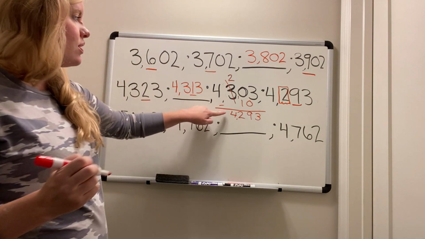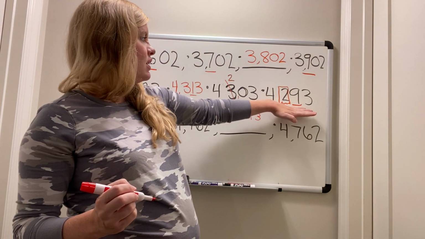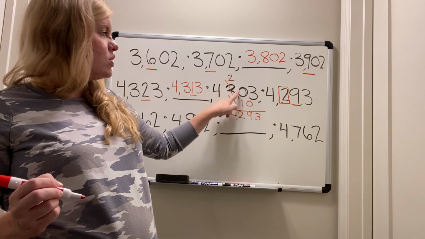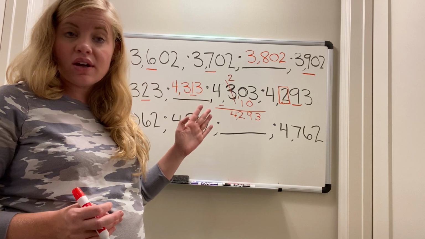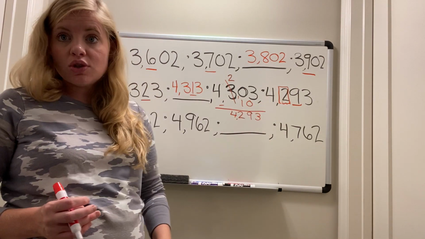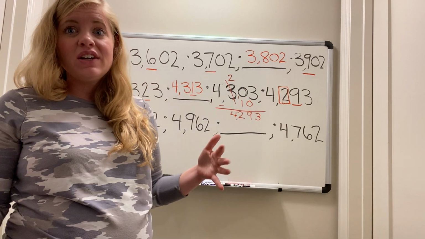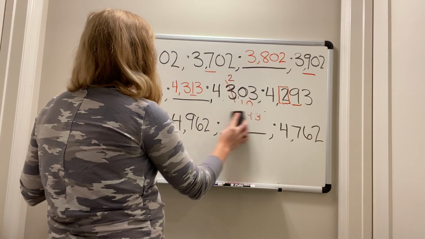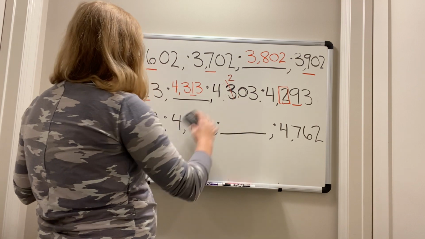Awesome. So this number here is 10 less than this number here. But since we had no tens to take away, we had to go to the hundreds and change this 3 to a 2. Okay? So that one is a little bit trickier.